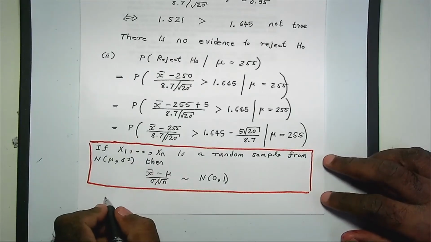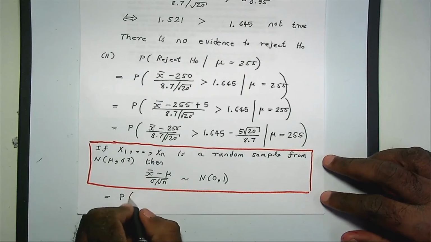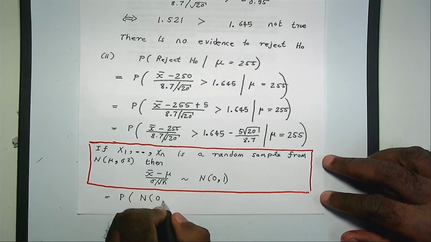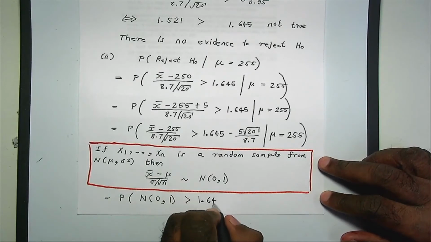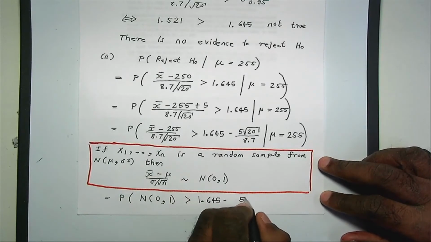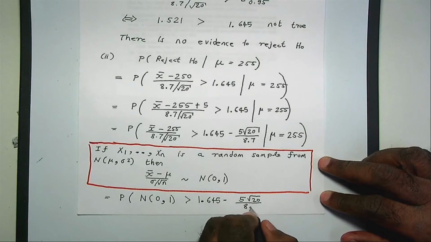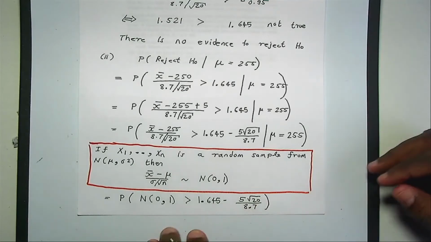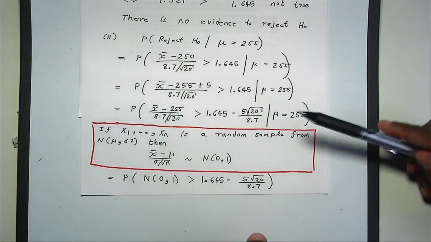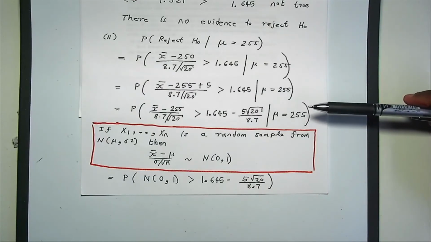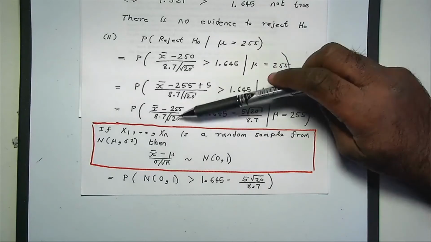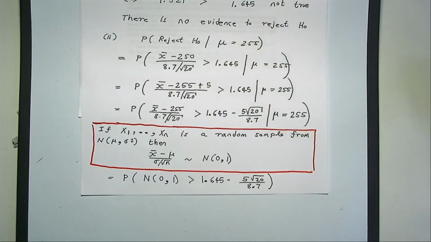So this is the probability that the standard normal will be greater than 1.645 minus 5 times root of 20 divided by 8.7. We don't need the conditioning anymore because we have used the conditioning to argue that this has a standard normal distribution.